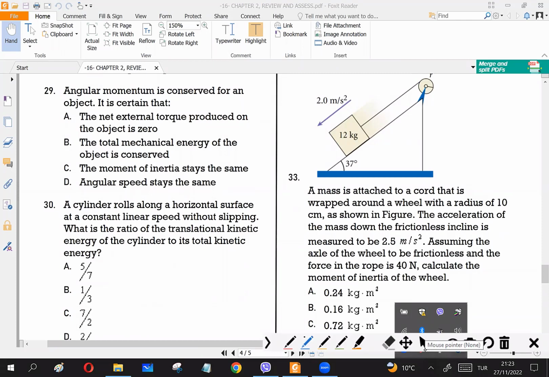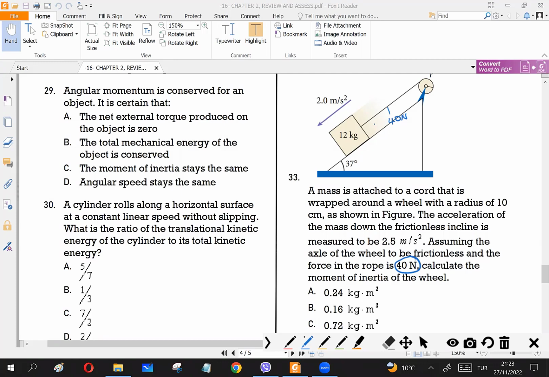Okay, so it says that the rope exerts tension, and the force in the rope is 40 Newton. It's a tension force. And here we have a 4 Newton force. And maybe you remember when we were talking about tension force in 1.3, I said that tension force acts on the rope at both ends.